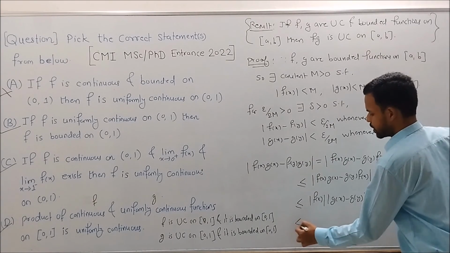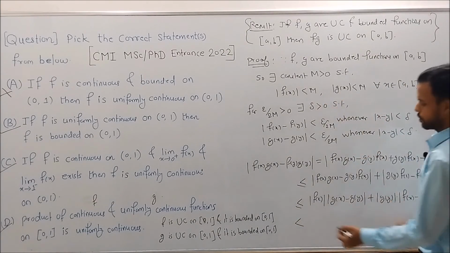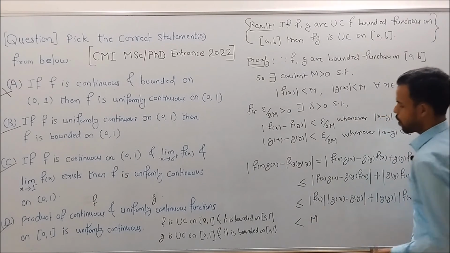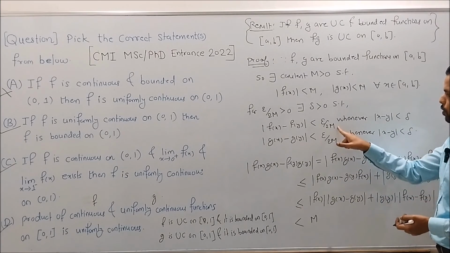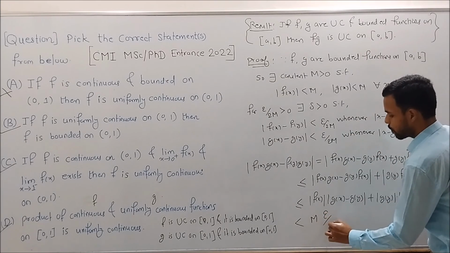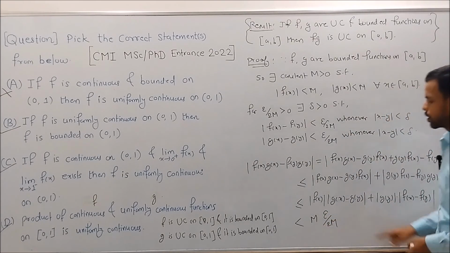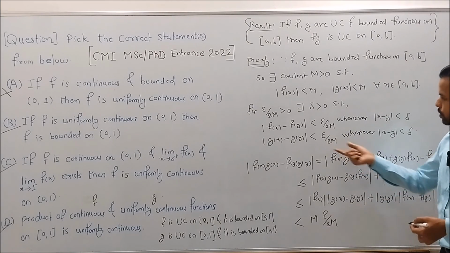Now this is less than M, since f is bounded on closed interval [a, b], and this is less than epsilon by 2M by uniform continuity of g.